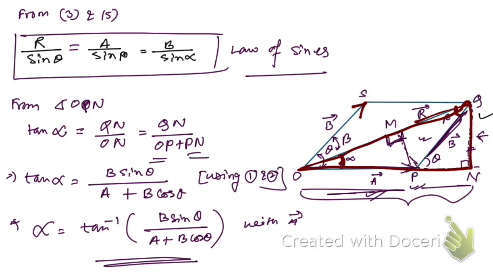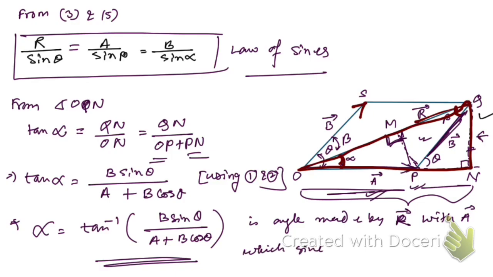This is the angle made by the resultant vector R with A, which gives the direction of the R vector. Okay, so hope you have understood this.